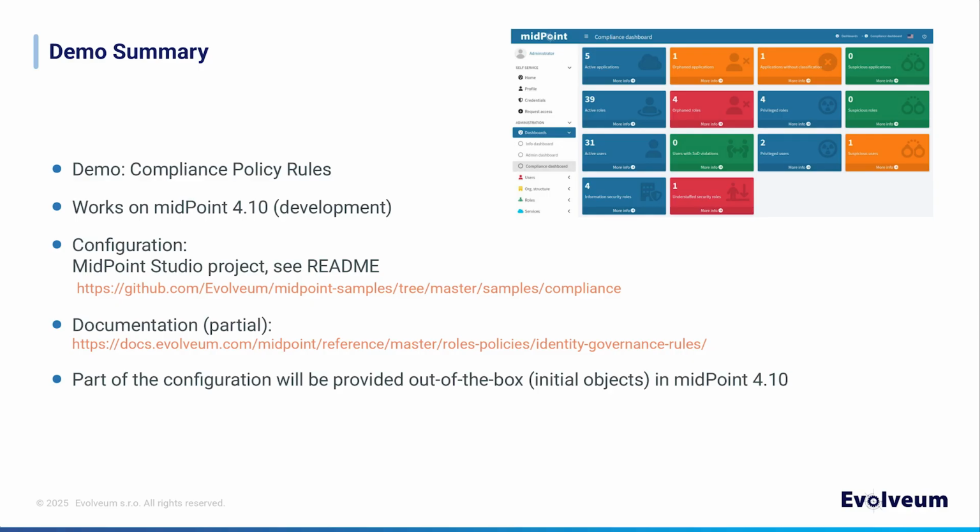The documentation is partial so far, but we will be updating it later this year. And part of this configuration will be provided as an out-of-the-box configuration in MidPoint 4.10 in the form of initial objects. What exactly will be in the initial objects is still to be determined. However, you can still use the complete configuration by using the samples or MidPoint documentation.